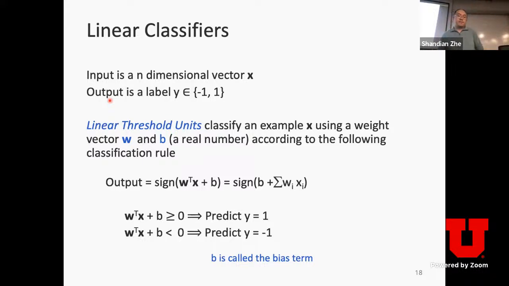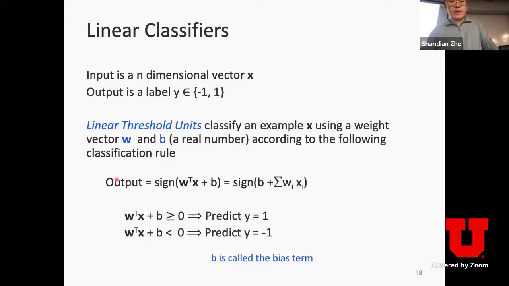Linear classifiers are also called linear threshold units. They classify an example x using a weight vector w, which has the same dimension as the feature vector x, and one bias parameter b. This b is a number, it's not a vector.